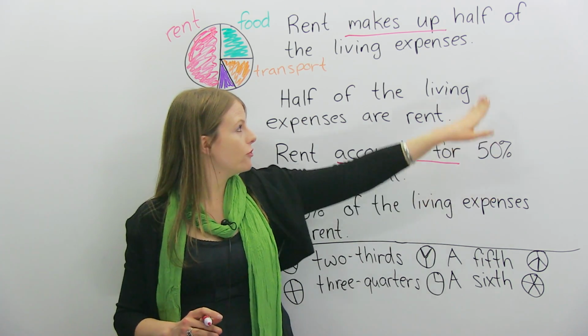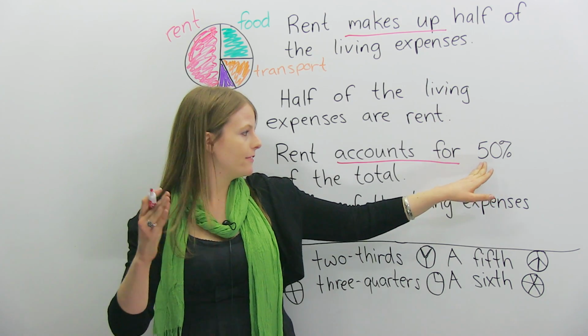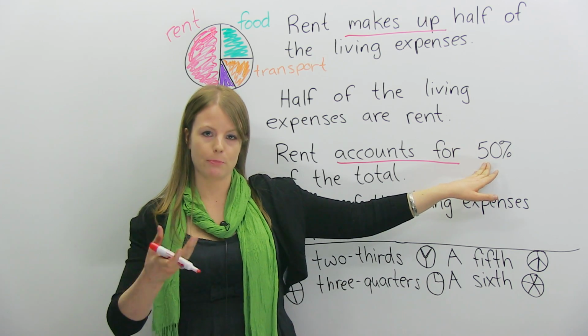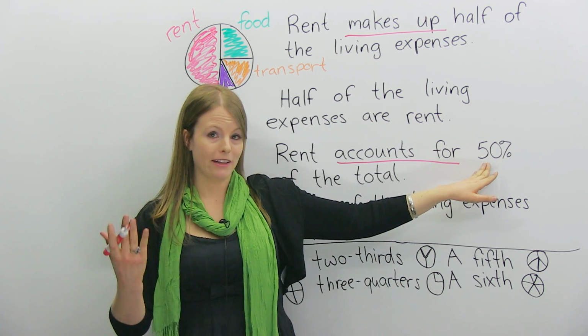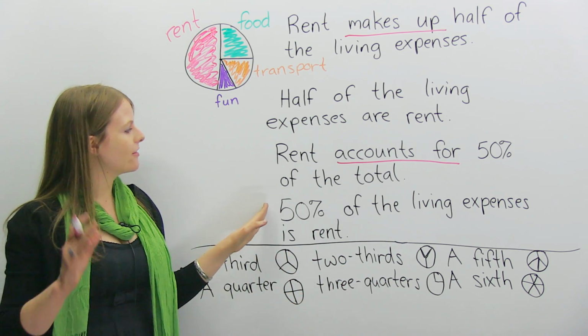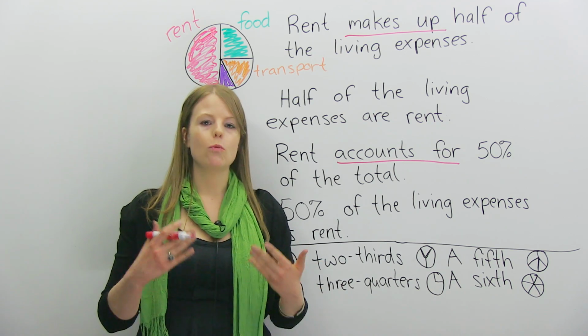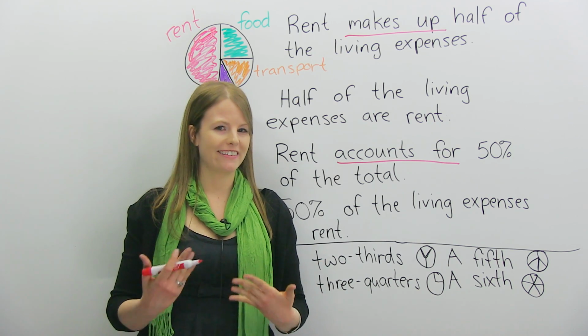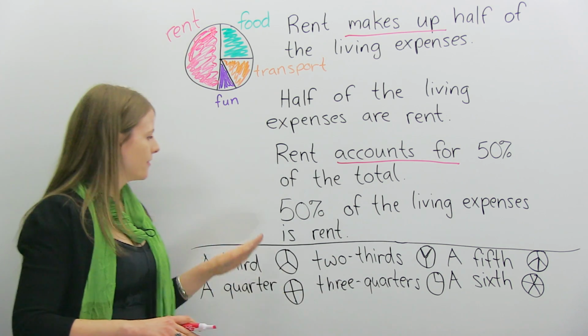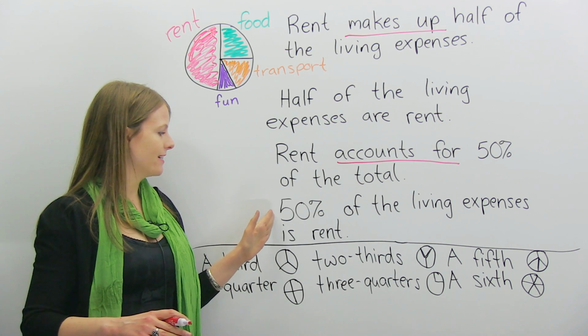Could I change this to half? Yes. Could I write 50%, not using numbers, but with letters? Yes, I could spell out fifty percent. It's all the same. It means the same thing. There is, however, one thing you should be aware of. In English, we do not like to start sentences with numbers. So for example, 50% of the living expenses is rent.